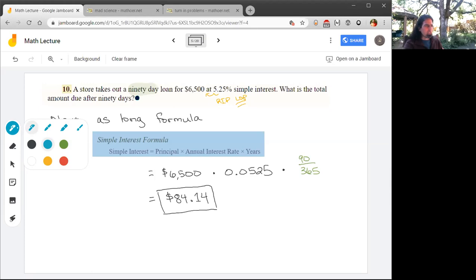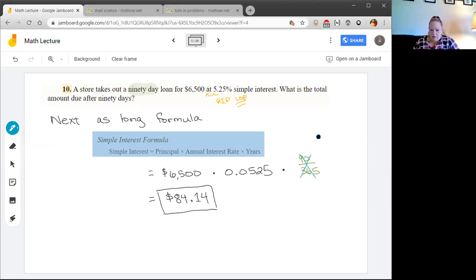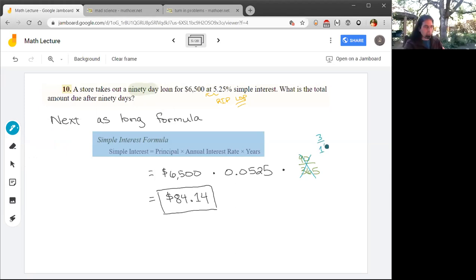You can't change the days. 90 days is about 3 months. If you had wanted to write that as 3 over 12, that would be about the same, if you're thinking months.